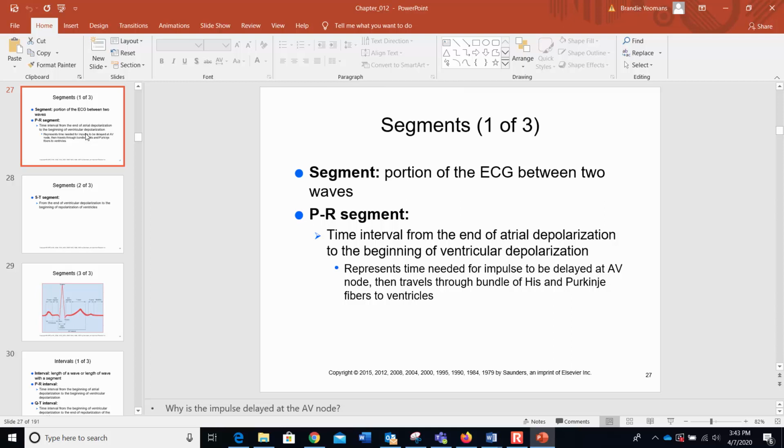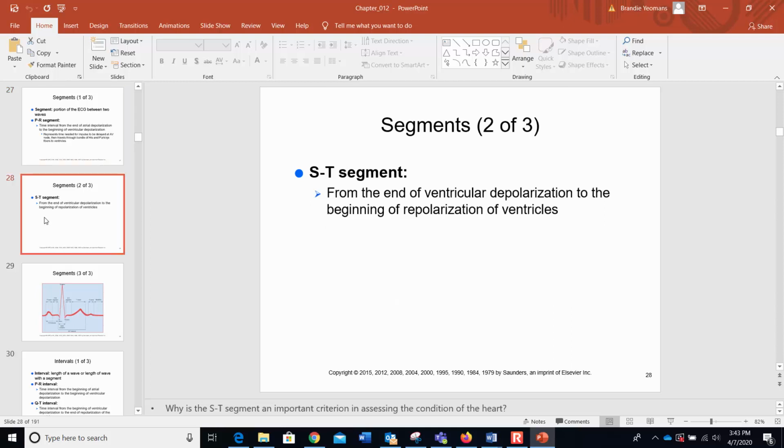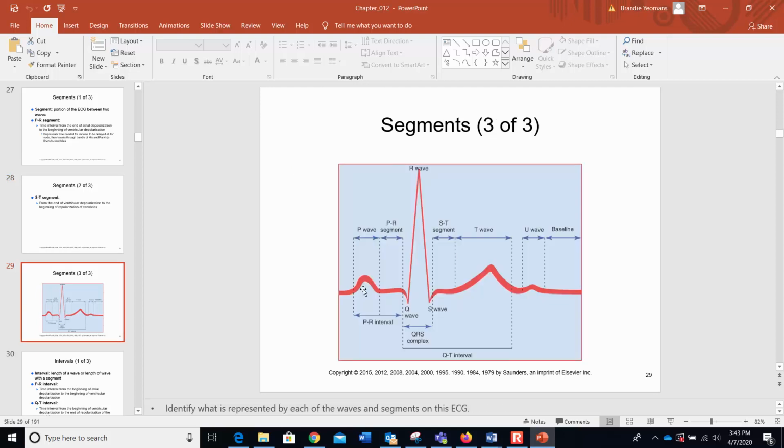That's really, really important for that P to R segment. Then our ST segment. This is from the end of the ventricular depolarization to the beginning of the repolarization of the ventricles, okay?